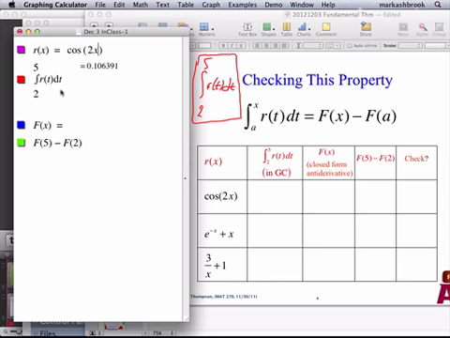And so what is that number? 0.106391, and that's just an approximation. We're just taking that many decimal places.